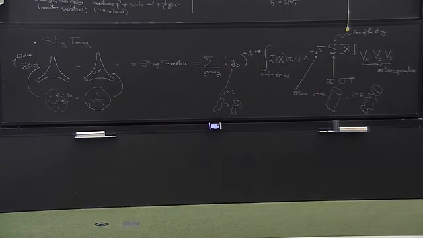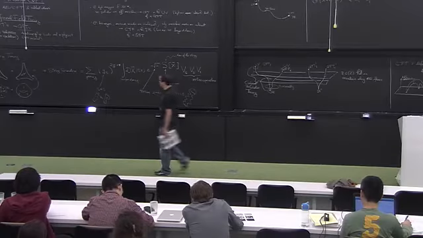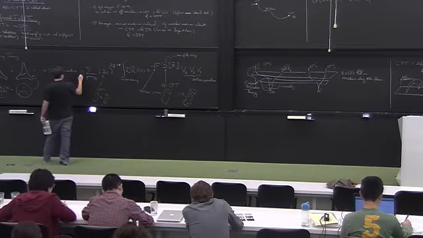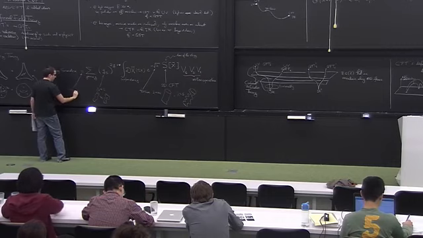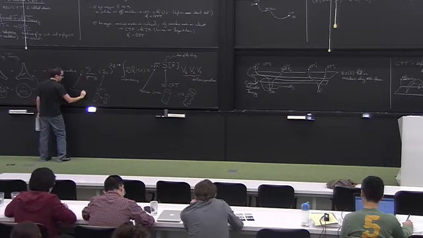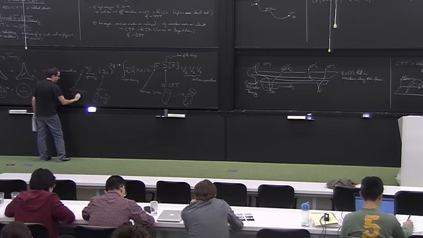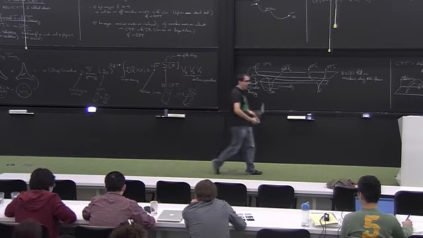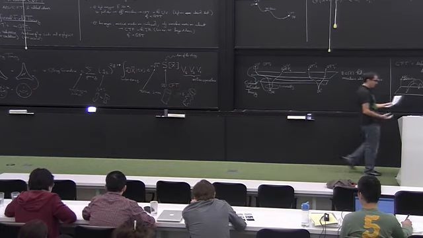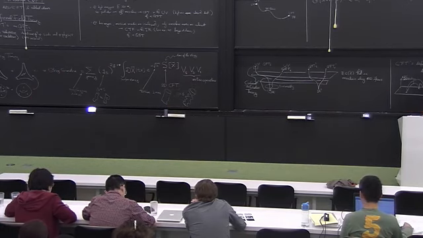So the easy regime of string theory is for G string going to 0 and lambda going to infinity. That's when string theory is simpler. It is just classical strings that do not split. Classical free strings.